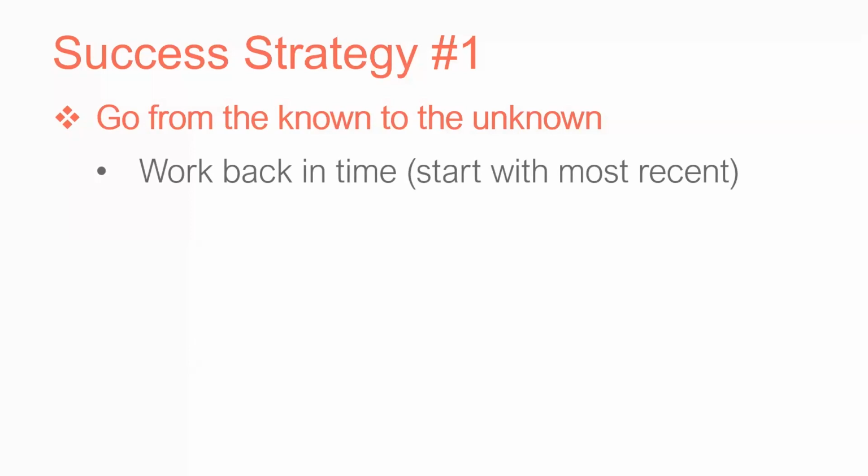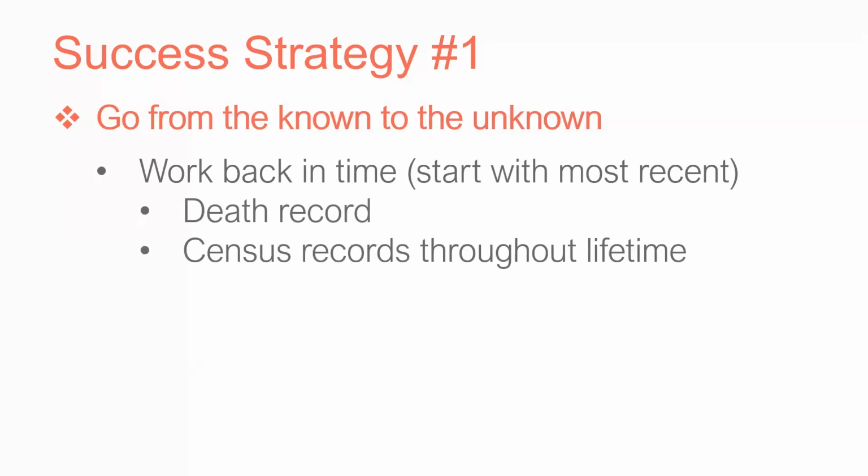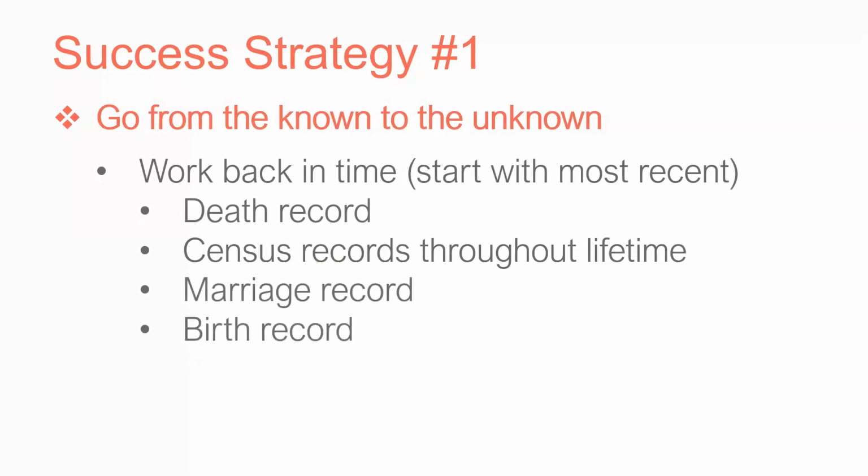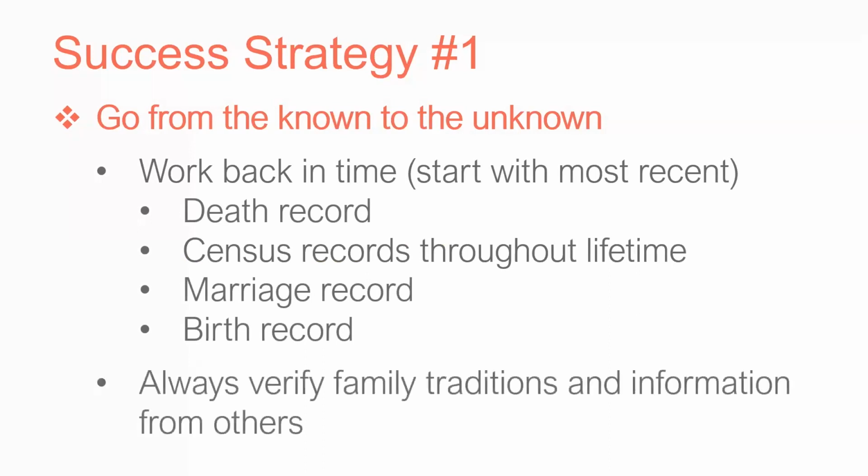For instance, I might start with my ancestor's death record, then search census records during her lifetime, then find her marriage record, and then at the end of my search, look for a birth record. It is also important to verify all family traditions and information received from others, including what is posted online or printed in any books.